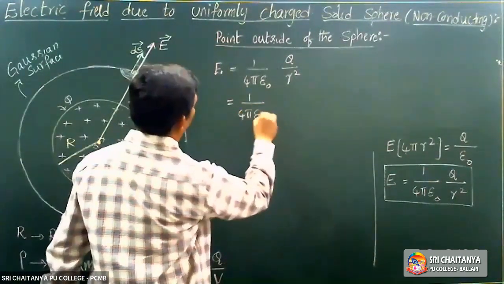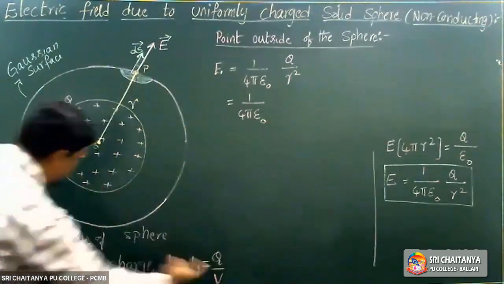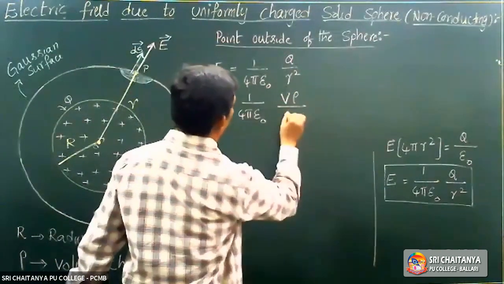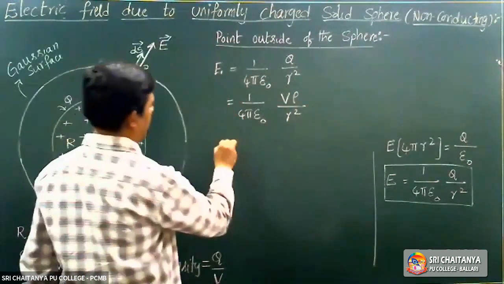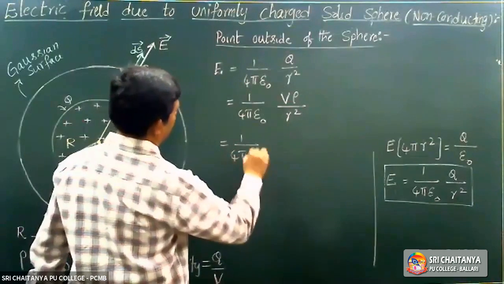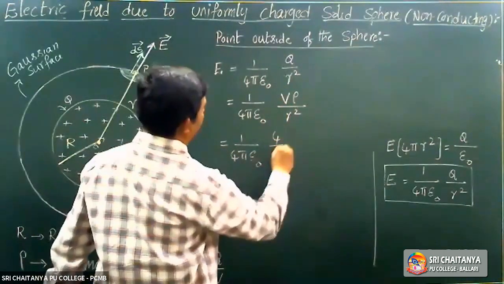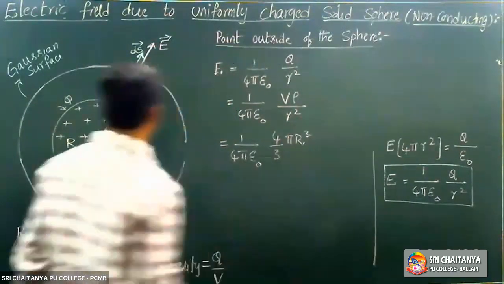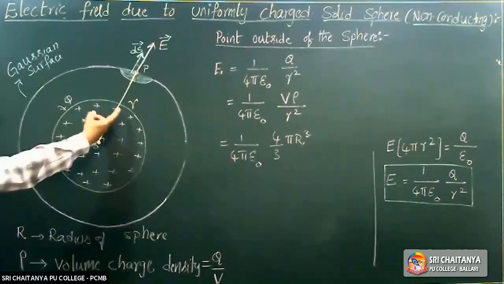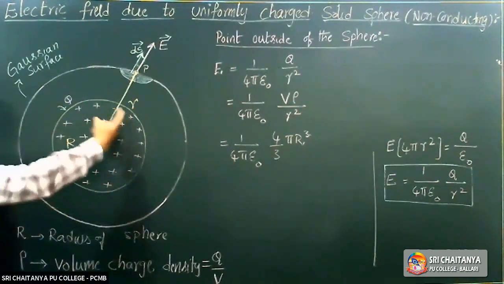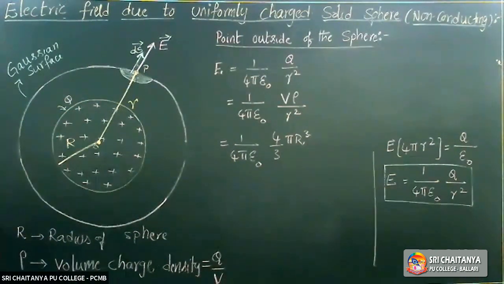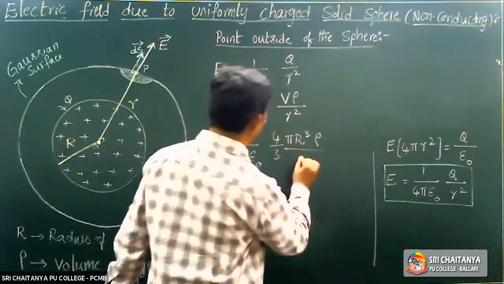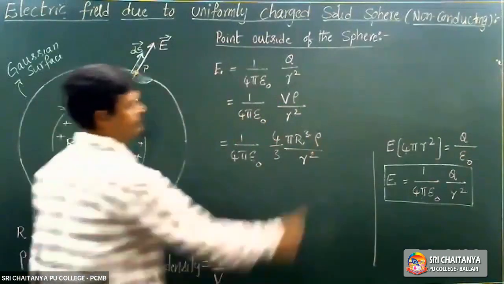1 by 4 pi epsilon naught, Q is equal to V into rho, so V rho by r square. What is V? 4 by 3 pi r cube. That V is the volume of what? Volume of this sphere. 4 by 3 pi r cube into rho by r square.